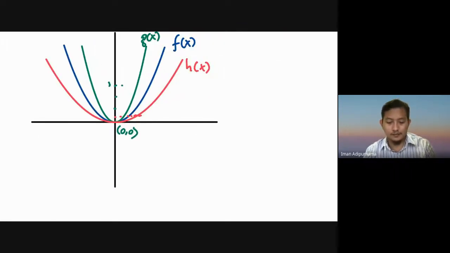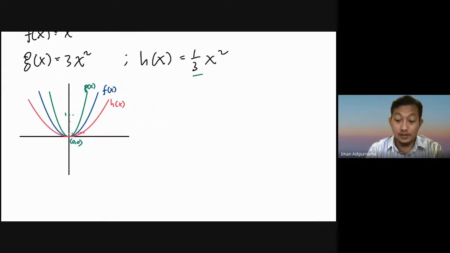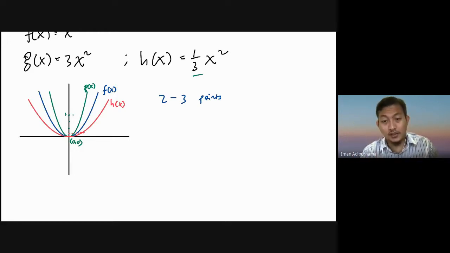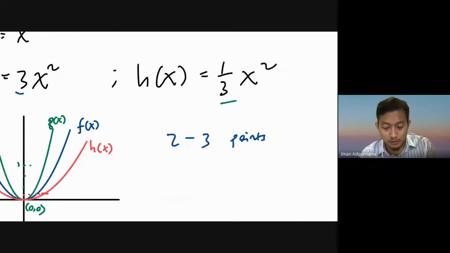Or it's like a shrinking, yeah, shrinking. Okay. To check, you can check maybe 2 or 3 points, to imagine in your mind. If you can draw in your mind, you can check. If not, then you can draw a simple drawing of how the function will be when we are multiplying with a factor. For example, we multiply with a constant, here multiplied by 3, this is multiplied by 1 over 3.